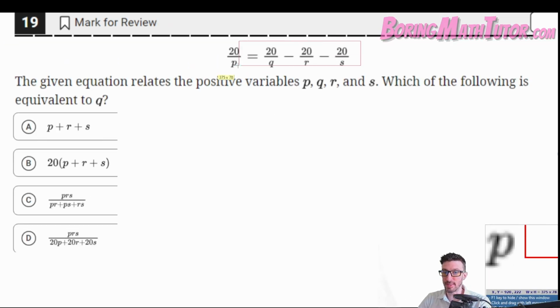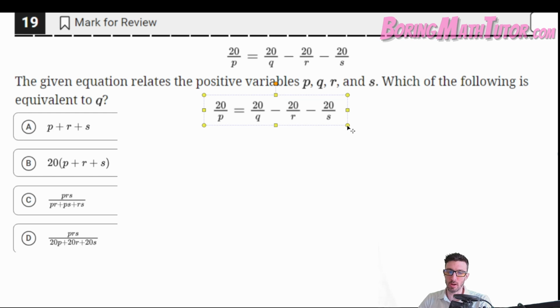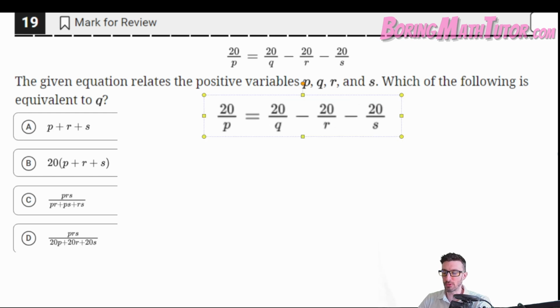This one is definitely the funnest problem on the entire exam. The first thing that I would do is multiply the entire thing by 1 over 20. Because if you do that, all of these 20s are just going to turn into a bunch of 1s.